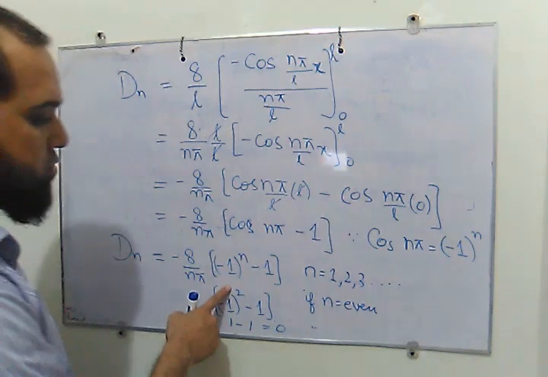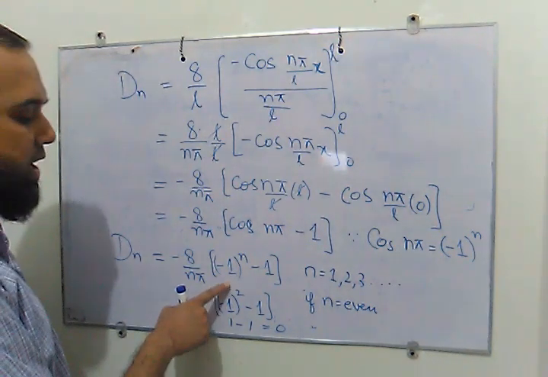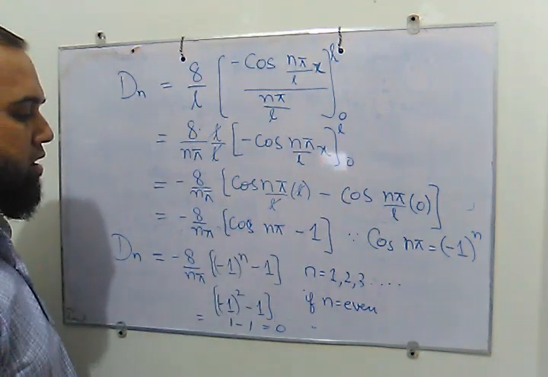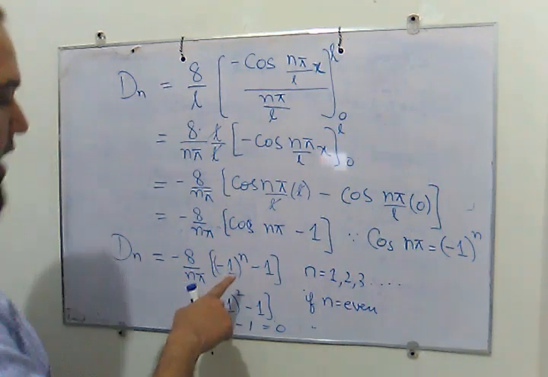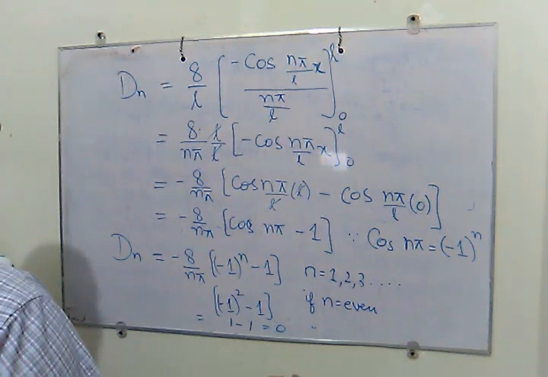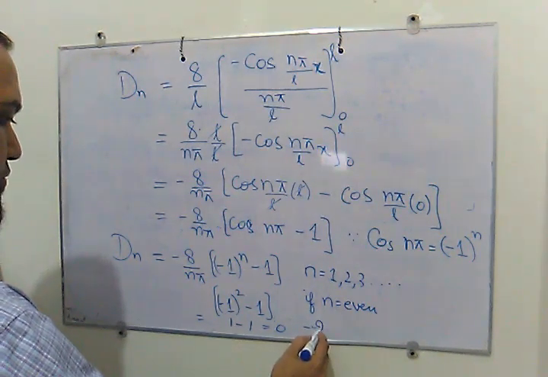We put n is equal to 2, 6, 8. Any even value of n will make this bracket 0. And any odd value of n will give us minus 2.